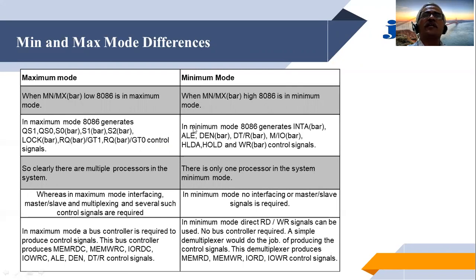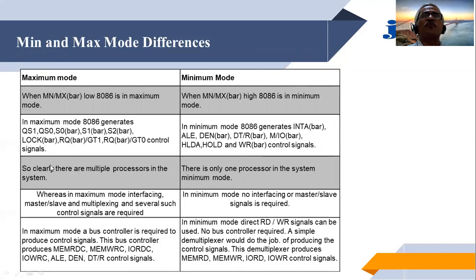Whereas in the case of the minimum mode of operation, the same pins 24 to pin number 31, their signals are INTA, interrupt acknowledge, ALE address latch enable, DEN data enable, DT/R bar, data transmit or receive, M/IO bar, HLDA, HOLD and write bar control signals.